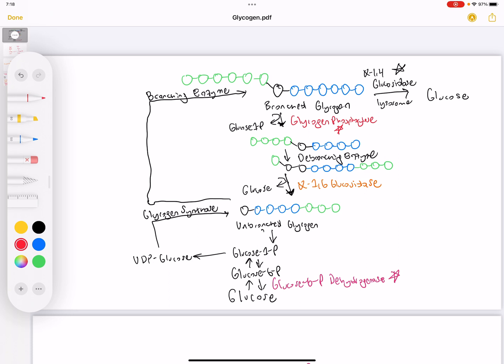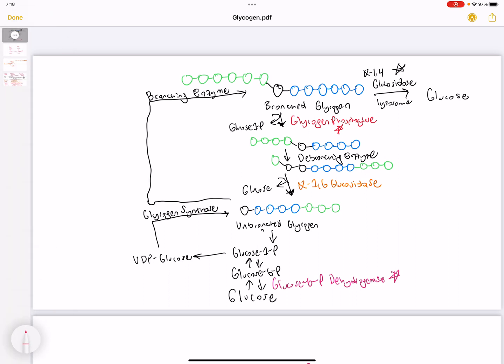Now, one thing that we also need to mention is that this glycogen phosphorylase enzyme can be upregulated by the skeletal muscle through calcium as well as AMP. And this should make sense because AMP is released when we have low energy levels, and calcium is used for muscle contractions.